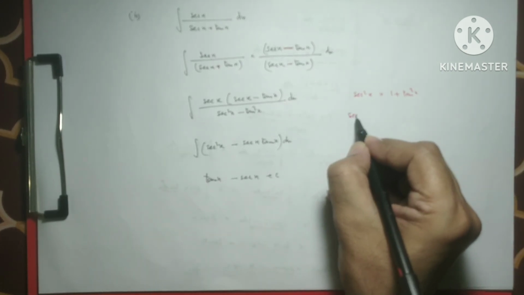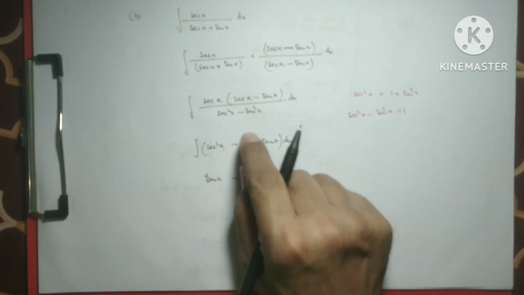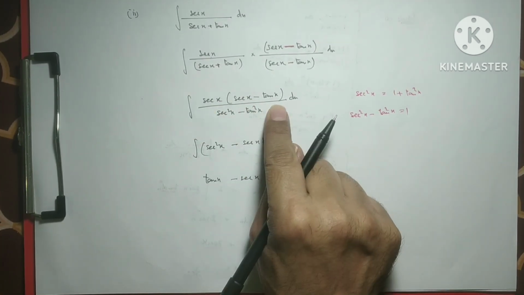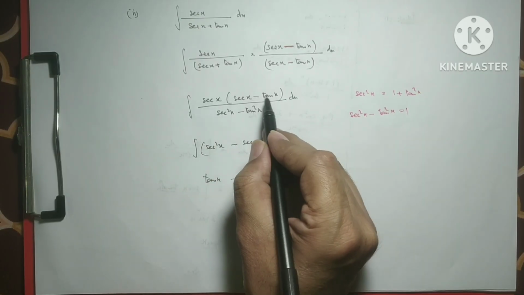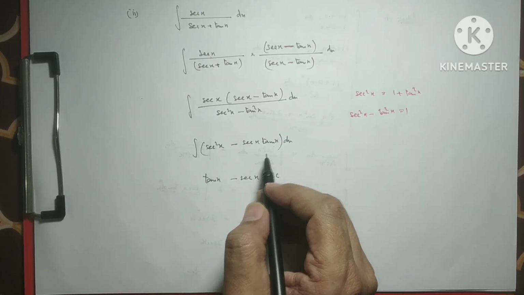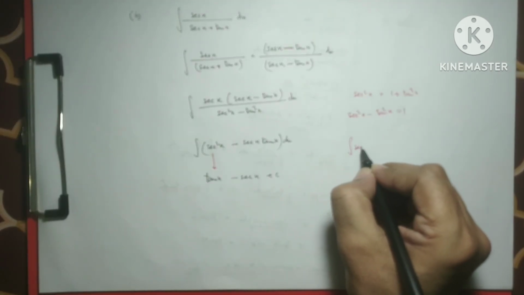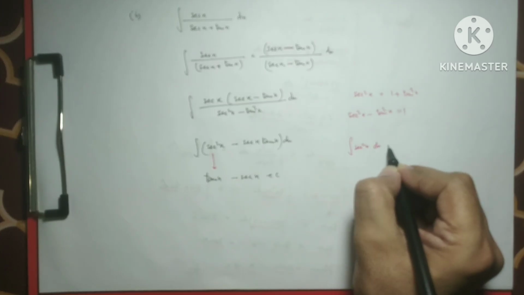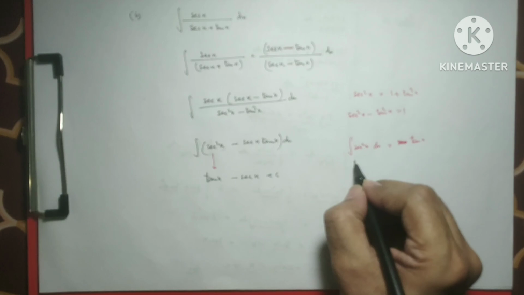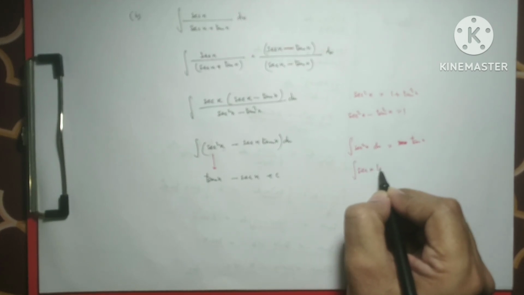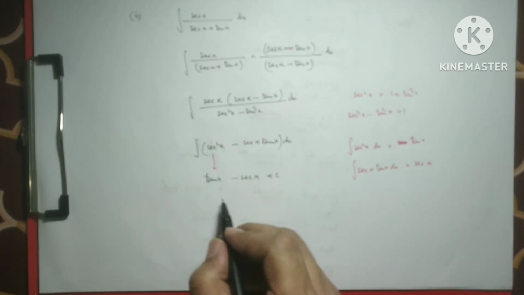So the denominator becomes 1, so it disappears. Right now we have sec square x, and on multiplying with this we get sec x tan x, and the integration of sec square x is tan x, and the integration of sec x tan x dx is sec x. So this is the answer.